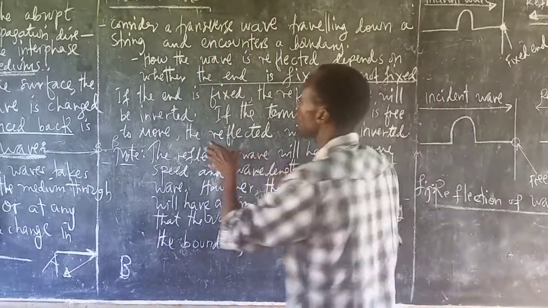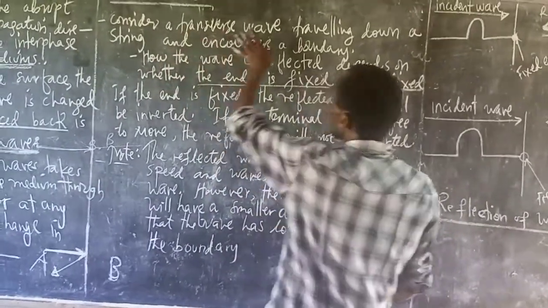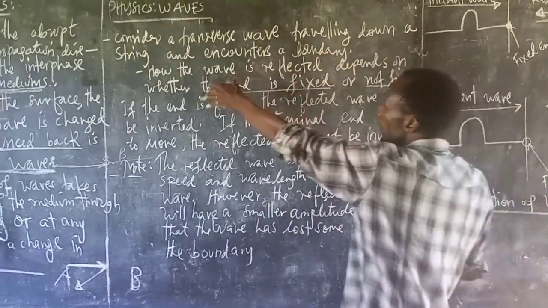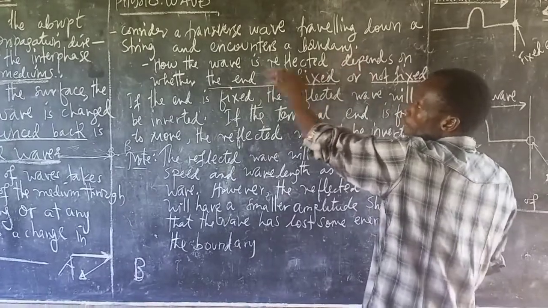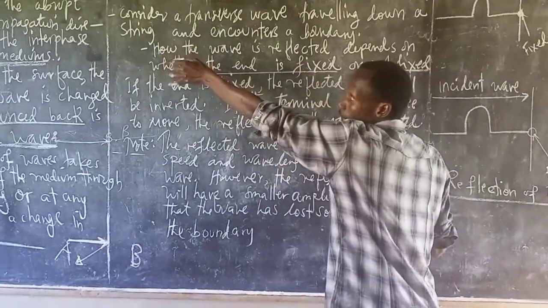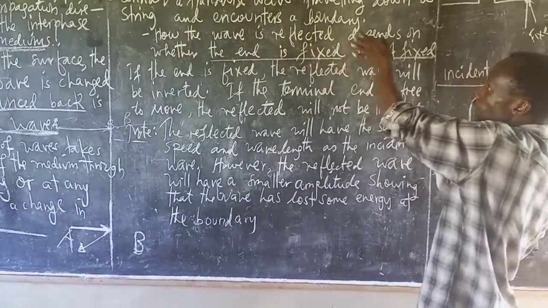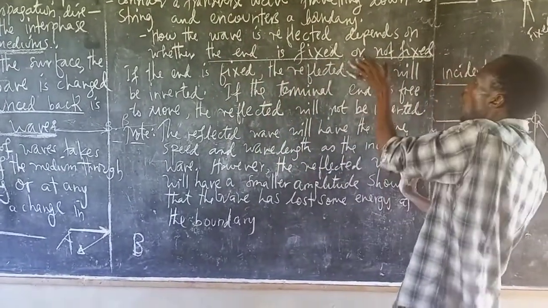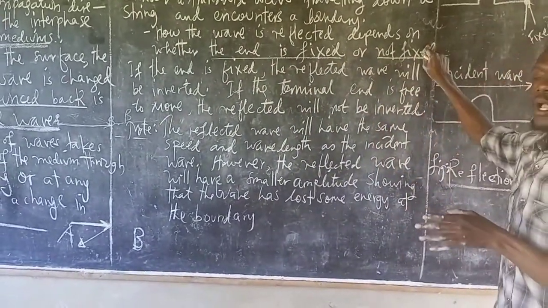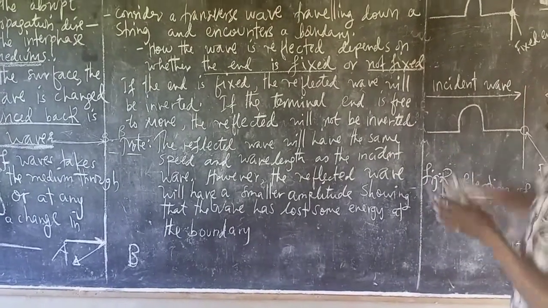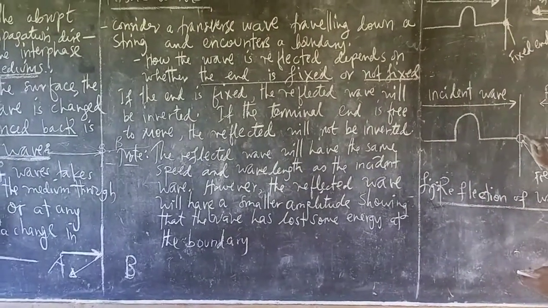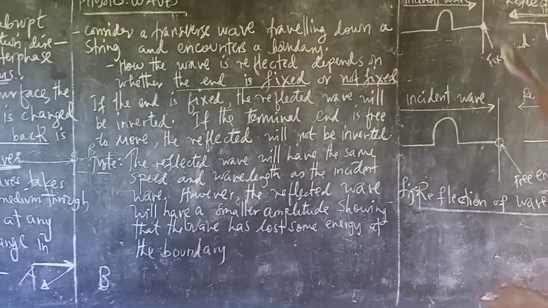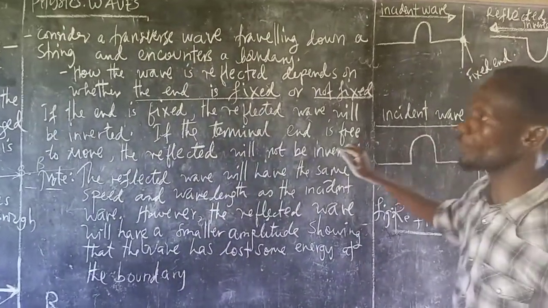Kwa hiyo ndio maana nimesema consider a transverse wave traveling down a string and encounters a boundary. Now, however, how the wave is reflected depends on whether the end is fixed or it is not fixed. Kwa lazima tujue kwamba imekuwa fixed au not fixed. Is it free or not free? Because this is very important.